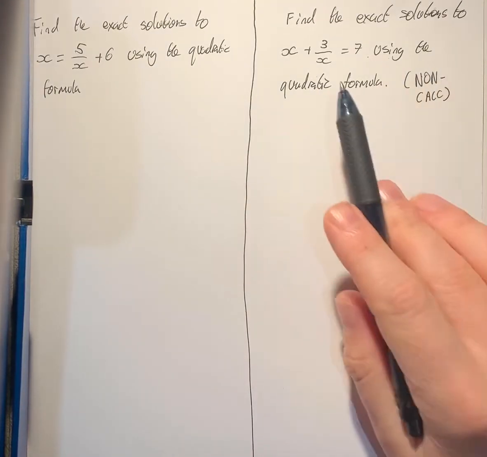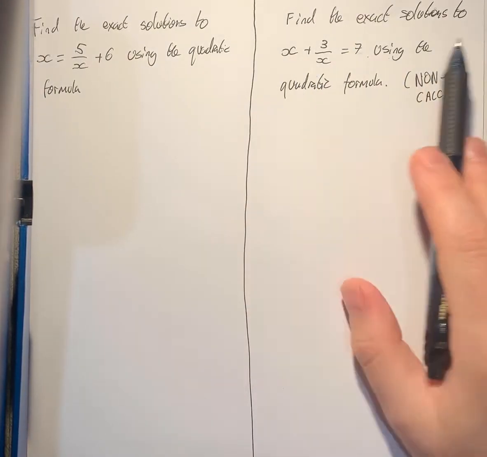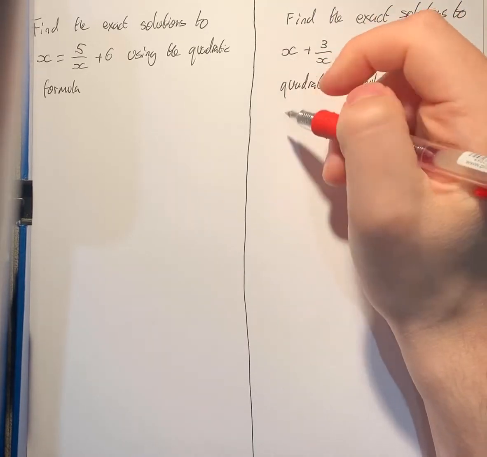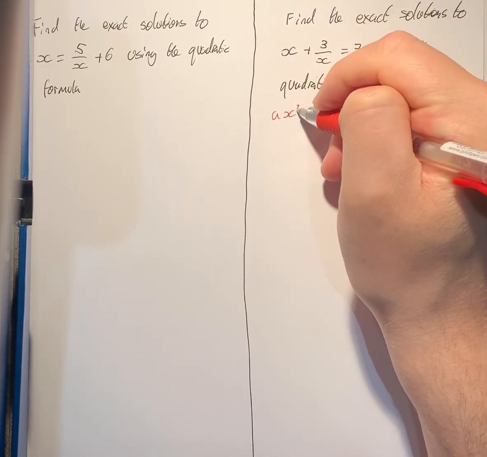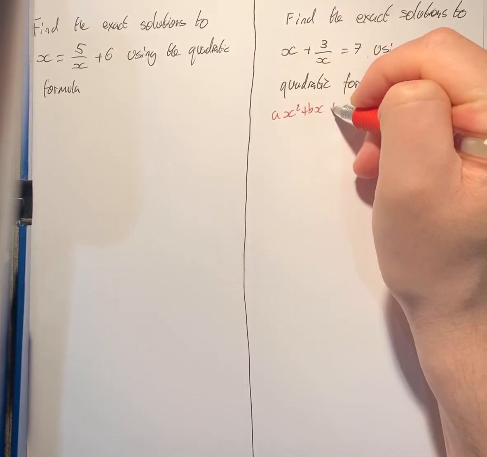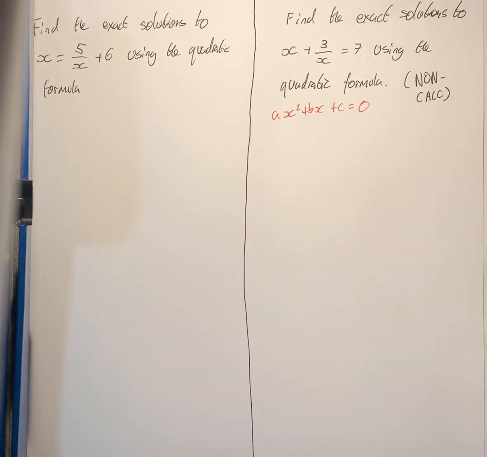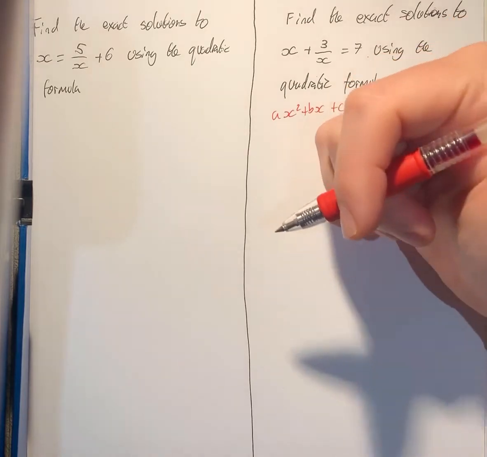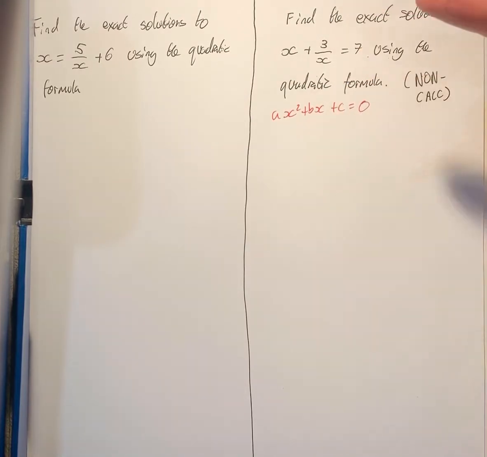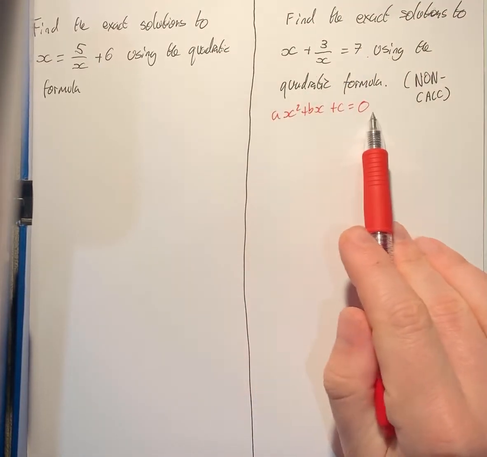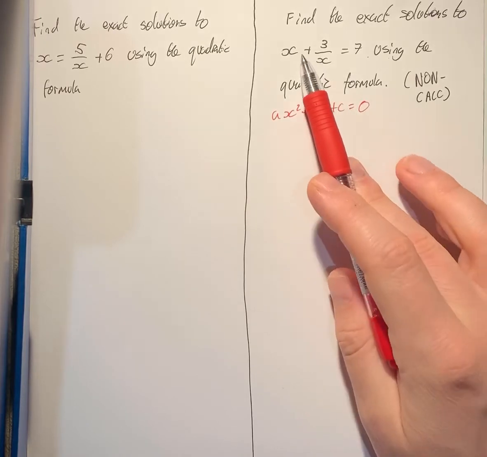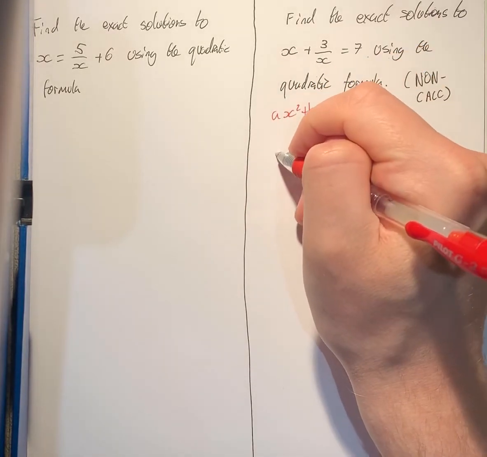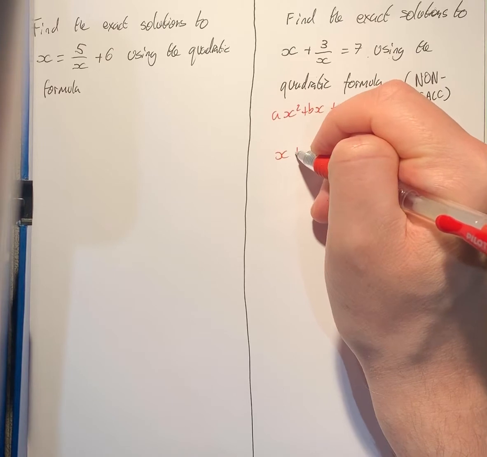If we look at this, hopefully the first thing you spotted is at the moment, this does not look like ax squared plus bx plus c equals 0. For us to be able to use any of our 3 methods, that's our factorization method, quadratic formula, or completing the square, we probably want to make it look like that first. So I'm going to start off by writing it out.